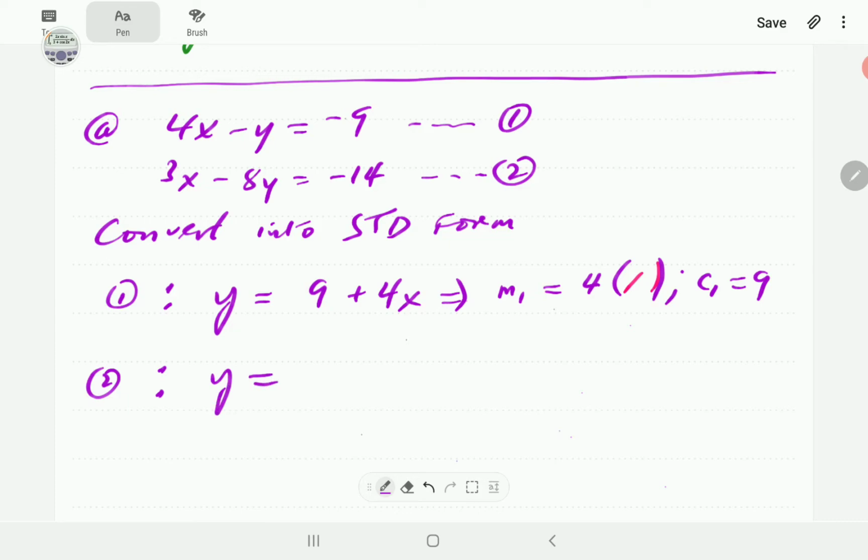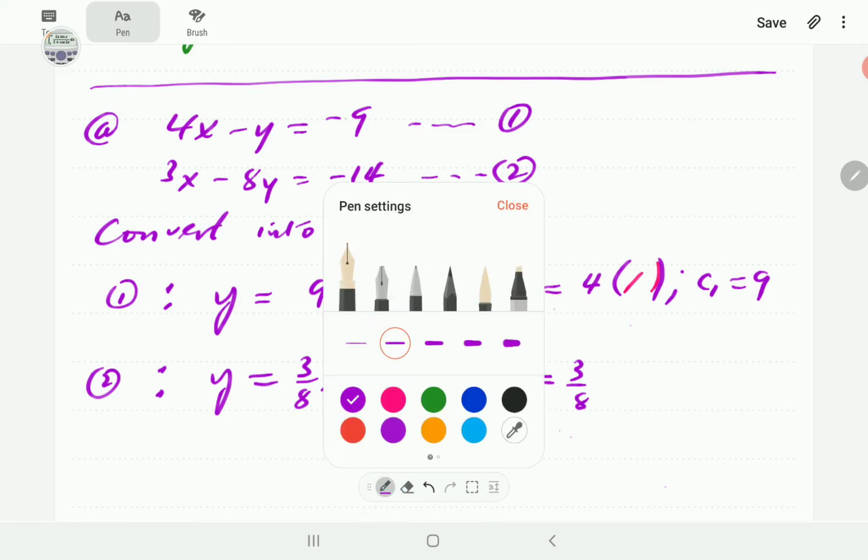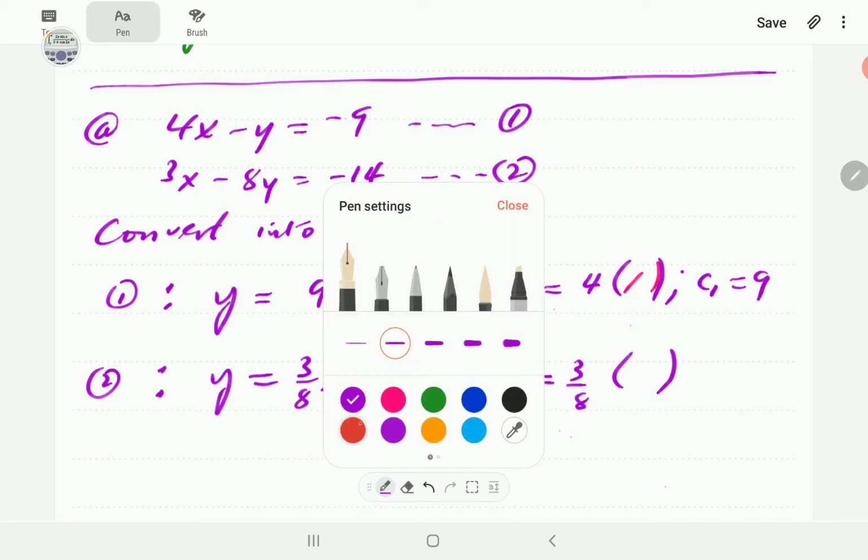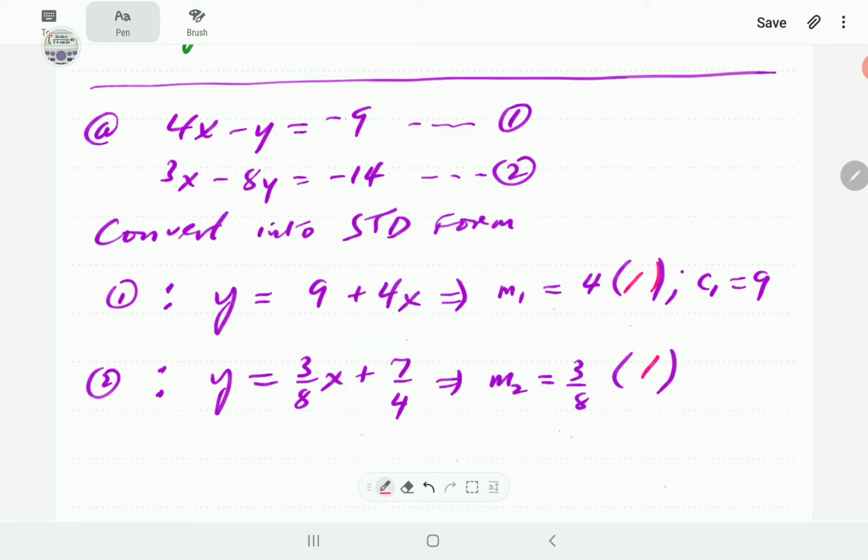The second line, if we make y the subject of the formula, we are going to have 3 over 8 x plus 7 over 4. So this tells us that m2 is 3 over 8. So again, that is saying to us the line is also upward sloping.